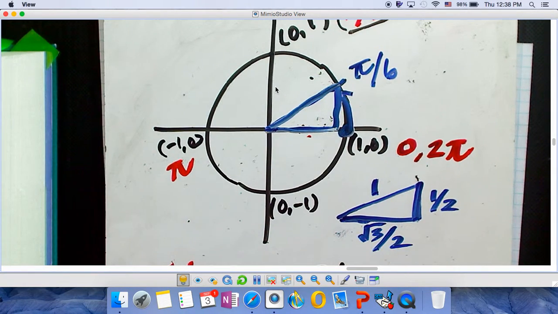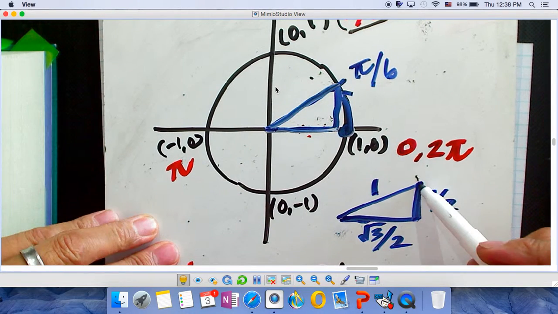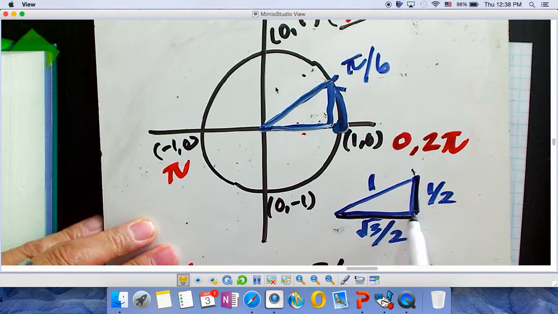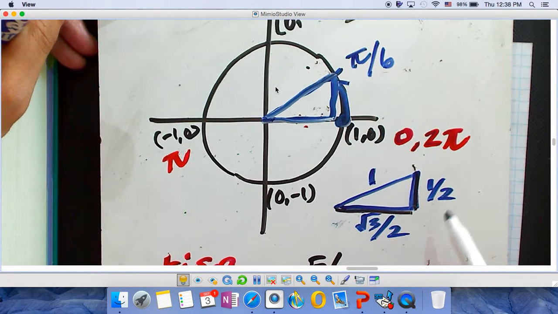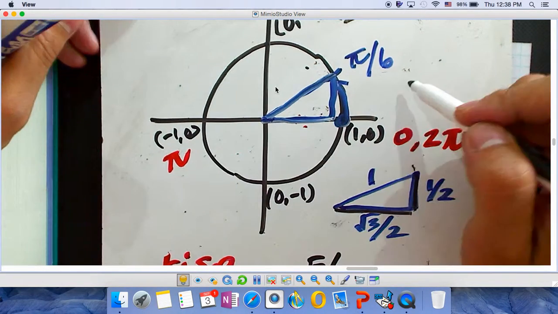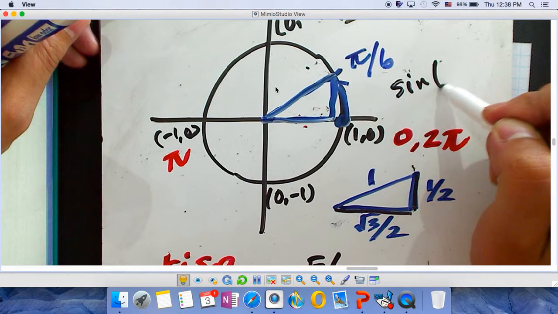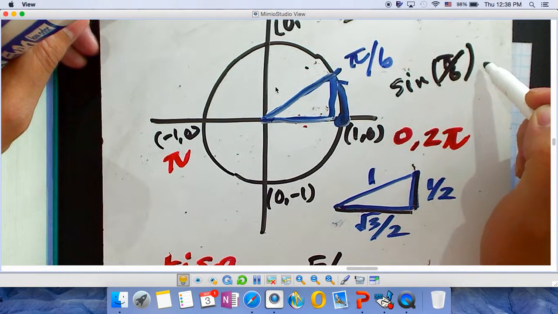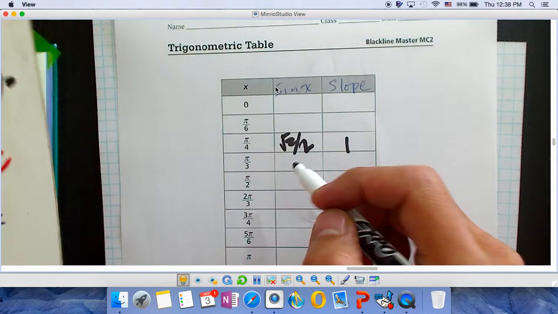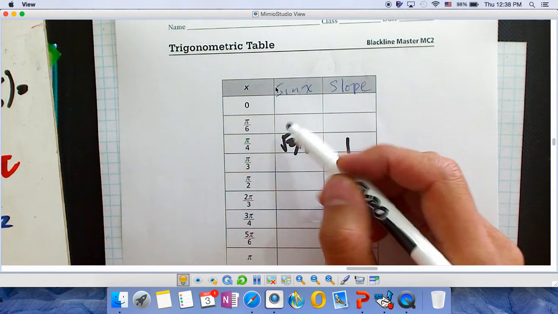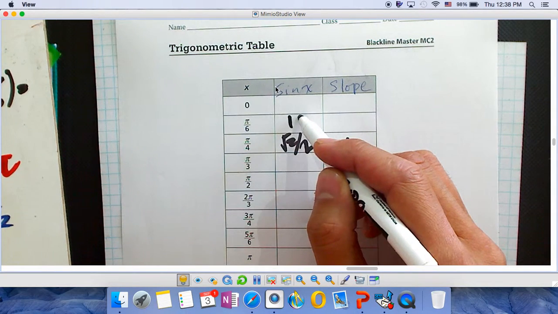So in other words, the rise is 1/2 and the run is square root of 3 over 2. In other words, sine of pi/6, which is the rise, is half. So sine of pi/6 is half.